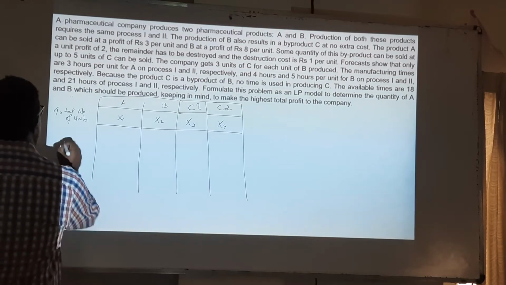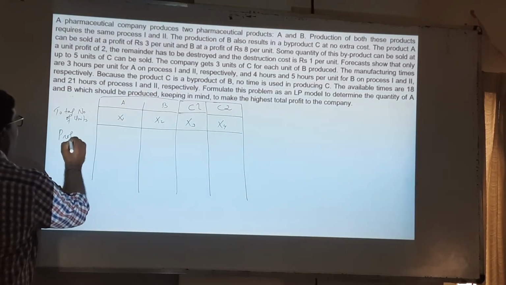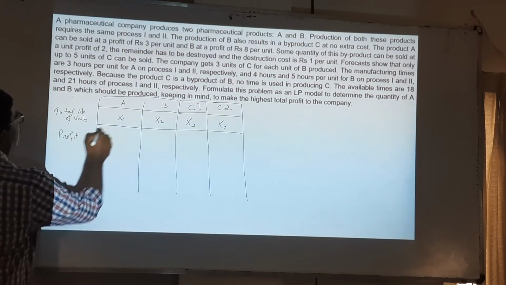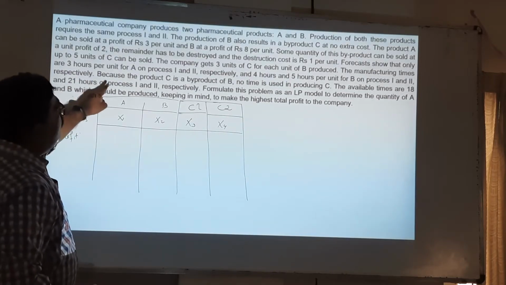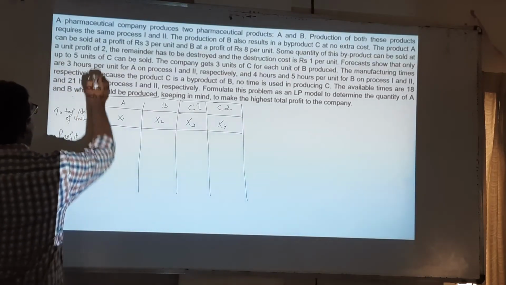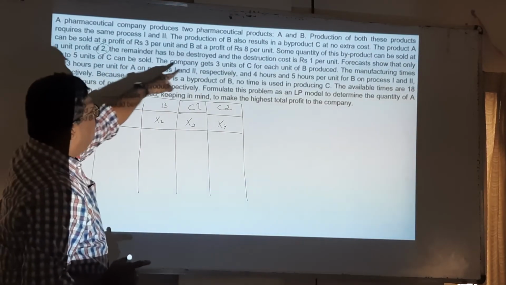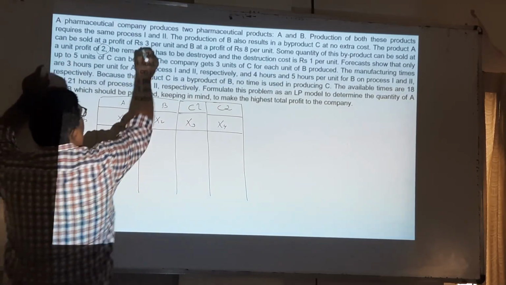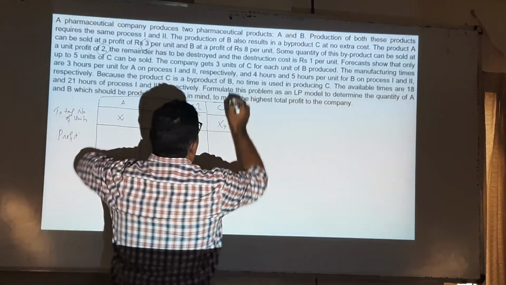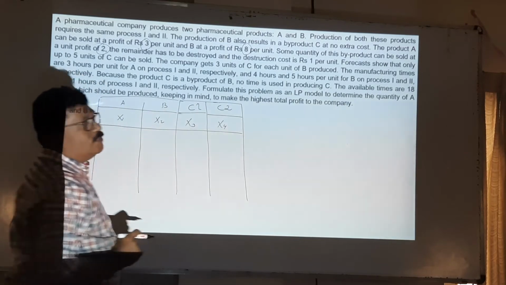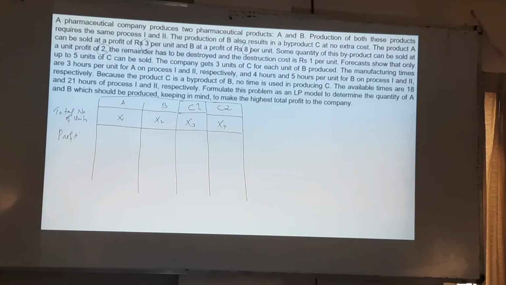Next is the profit. What are the profits? Product A can be sold at a profit of 3 and product B can be sold at a profit of 8.